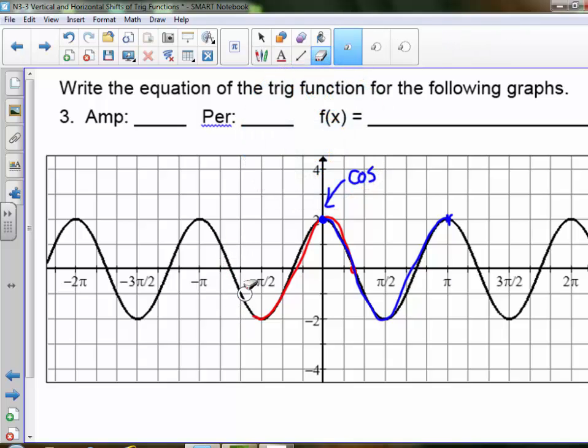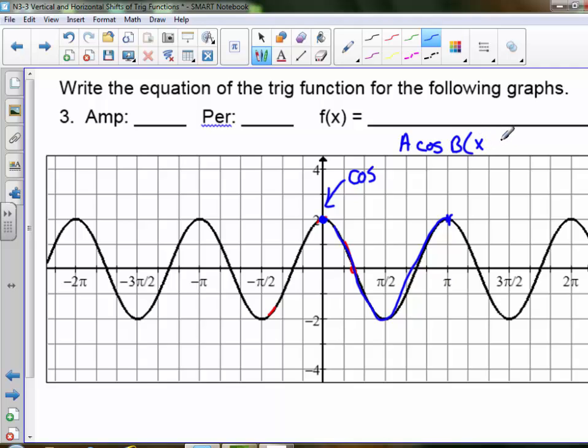So let me erase the old one, the red line there. Okay. All right, so now we need to come up with the pieces of information that we need in order to write our graph. We need A, we need B, and then we need to know if there are any H's or K's.